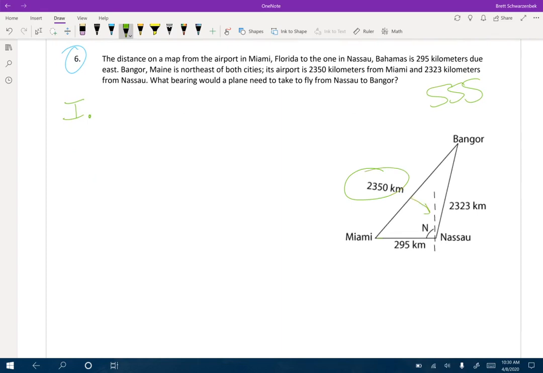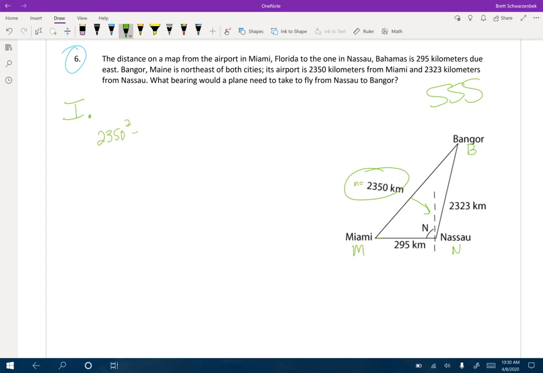Again, this angle here, which we will call capital N, so we're going to do M, N, and B for the angles. The angle opposite that, capital N, is going to be cosine N at the end of the law of cosines problem. So this, which is little n, is going to go in the front, squared. So 2,350 squared in the front.